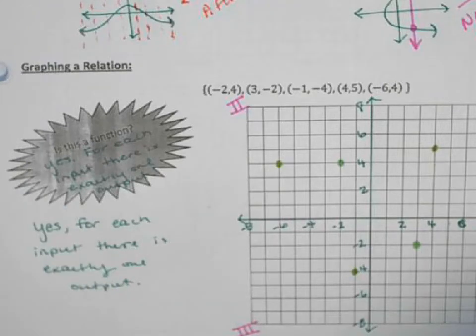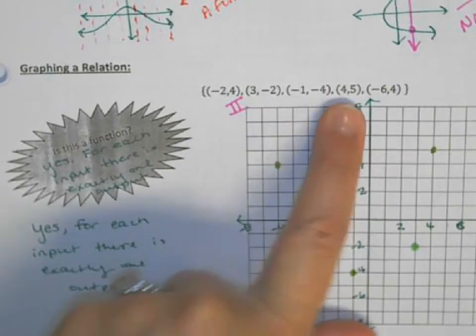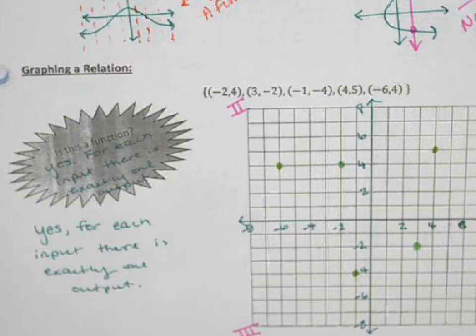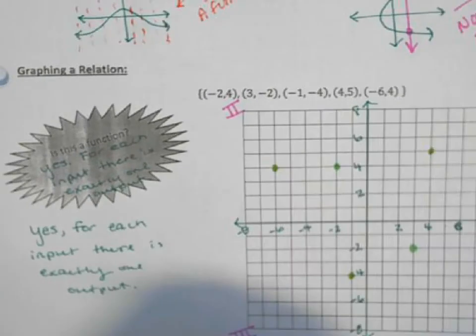But when you go to explain it, yes, you can identify it by looking at your x values here. When you go to explain it, you just have to say for every input, there's exactly one output. Okay? Because if you had a repeated x, then you wouldn't have exactly one output. You'd have 2 outputs, which is what makes it not a function. So when you go to explain, you have to use the definition to explain it. But yes, you can identify it that way too.